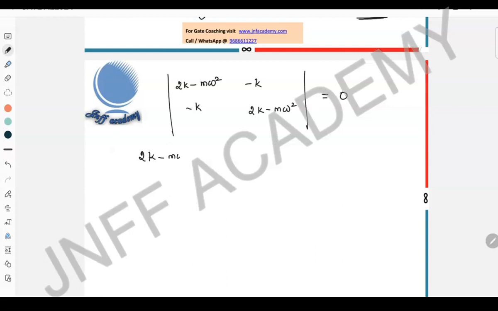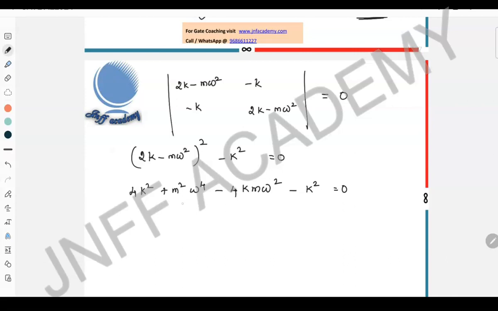2k minus m omega square, whole square, then minus k square is equal to 0. A minus b whole square I need to write: 4k square plus m square omega power 4 minus 4k m omega square, minus k square is equal to 0.